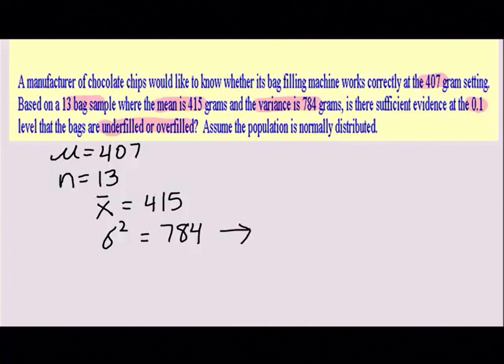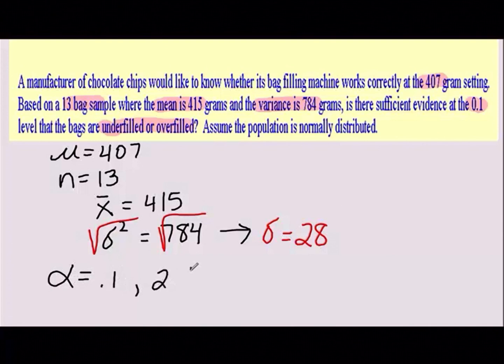We need to take the square root of both sides to give us sigma, which is 28. We're looking for a 0.1 significance. And underfilled or overfilled is going to mean two tails.